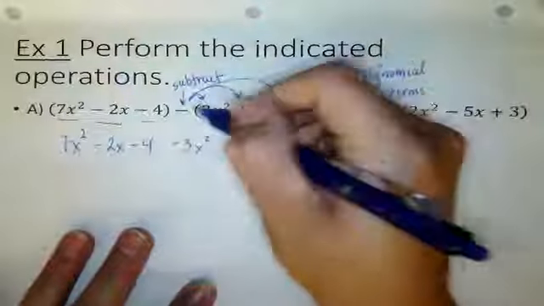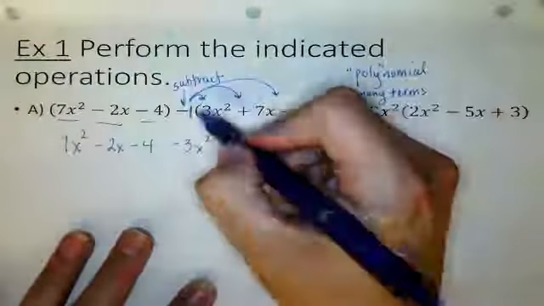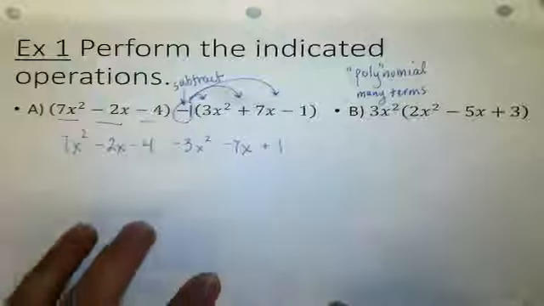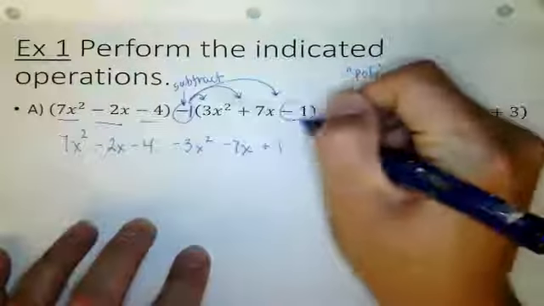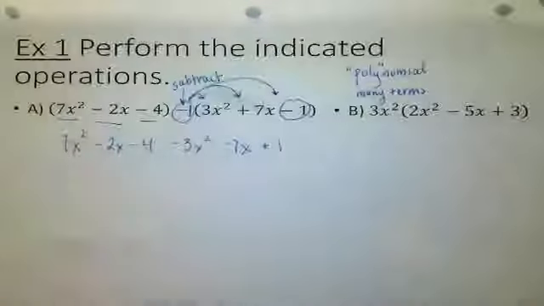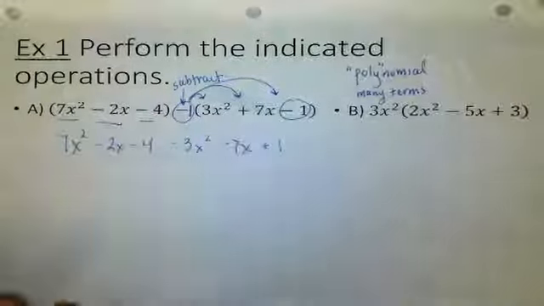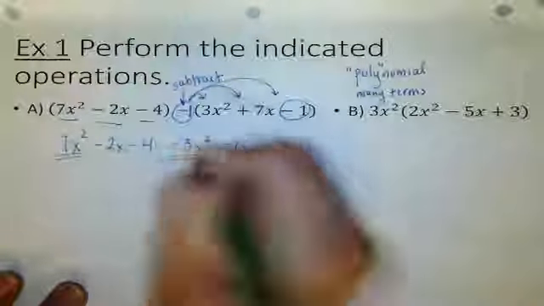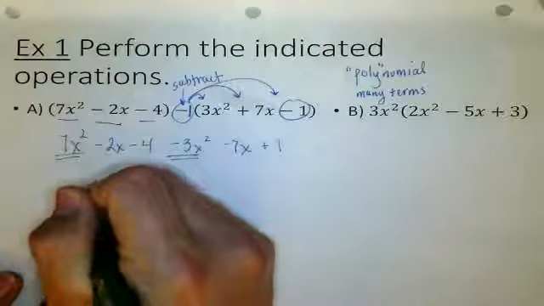Positive 1. So again, if you want, you can think about it as a negative, or you can think about distributing a negative 1 to each term. So negative 1 times negative 1 gives us that positive 1. And then what do you have to do from this point? Simplify, combine like terms? Yeah. So 7x squared is friends with what? Negative 3x squared, which would be 4x squared.